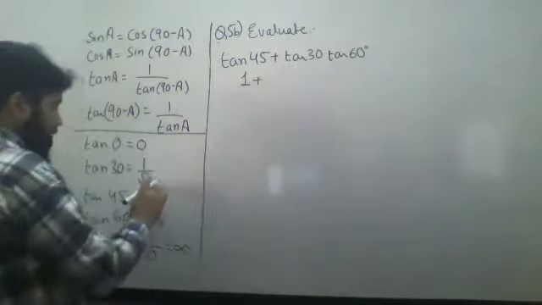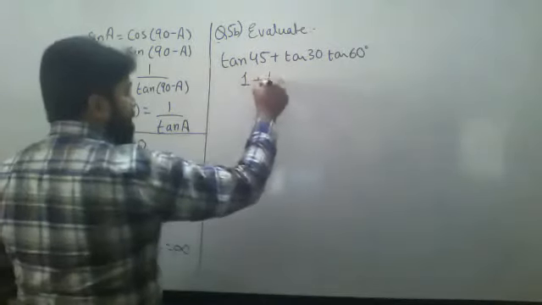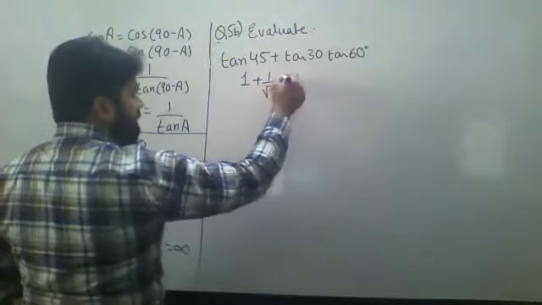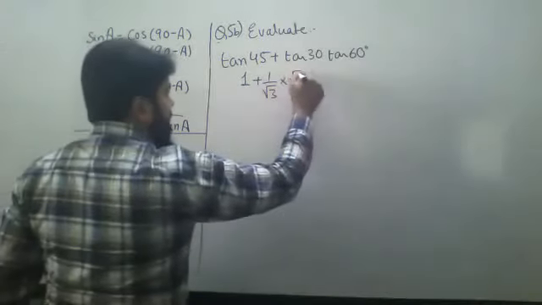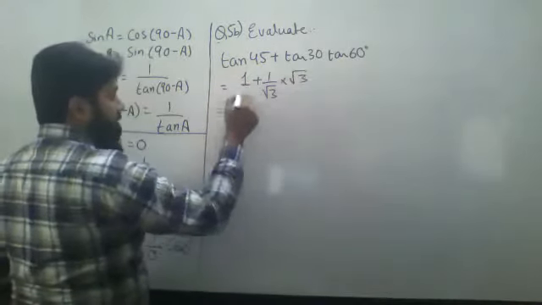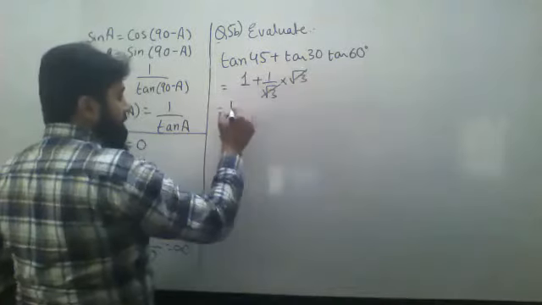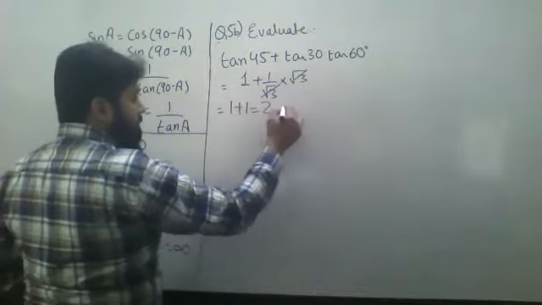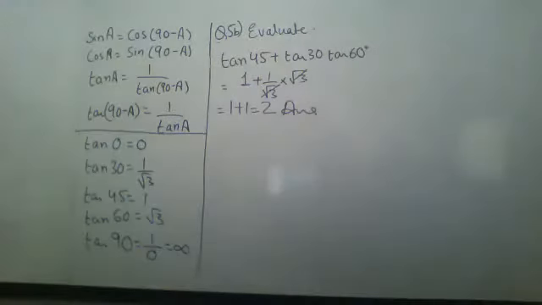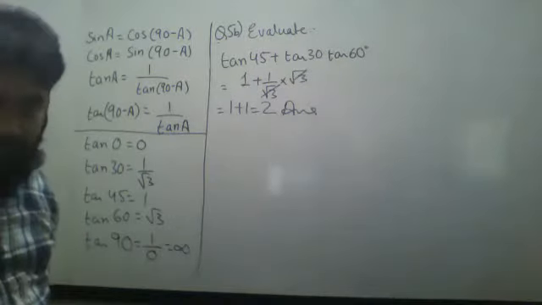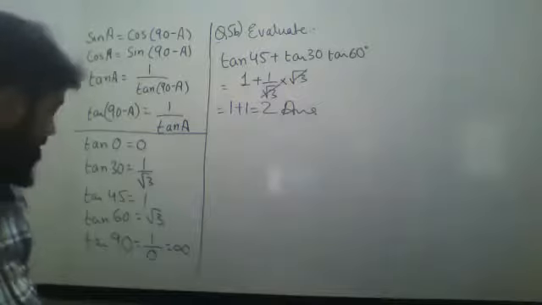Tan 30 degrees, the value is 1 over root 3, and tan 60 degrees, the value is root 3. Simplifying it, root 3 cancels, 1 plus 1 equals 2. That's your final answer for this part, a direct value, so no changes over here.